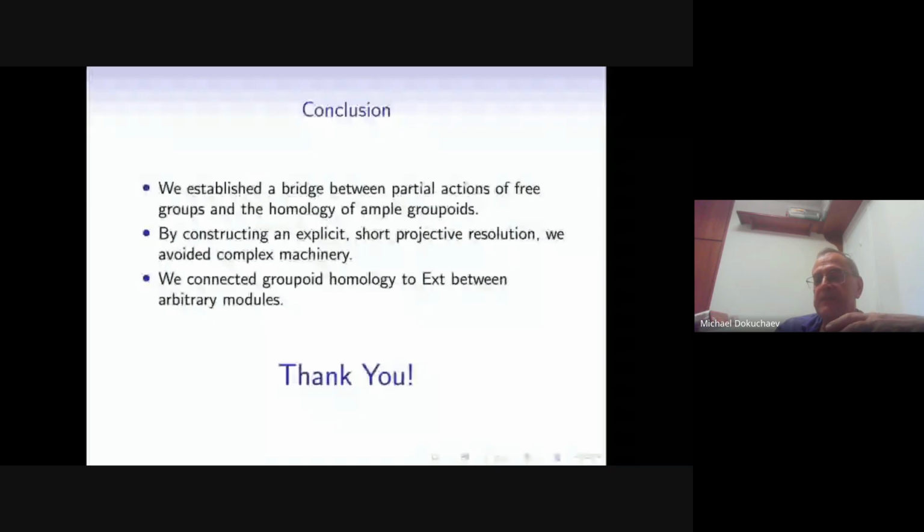And there is a spectral sequence which converges to homology of the cross product, of the skew product. This spectral sequence involves partial homology of groups and Hochschild homology of the base algebra. So it's like a spectral sequence relation between the two.